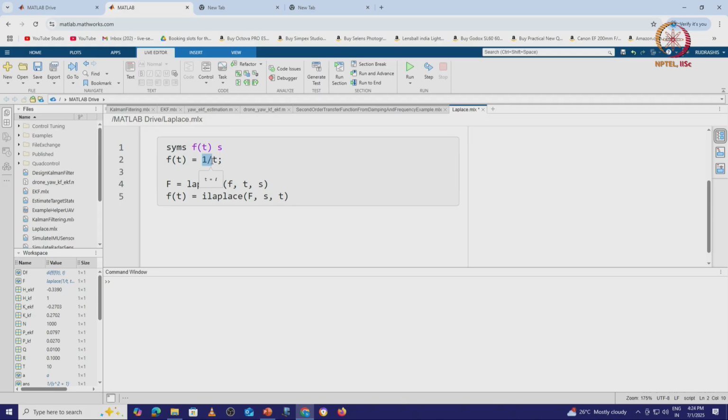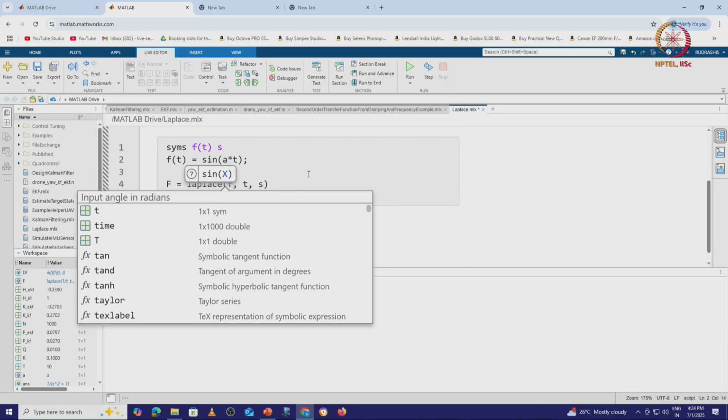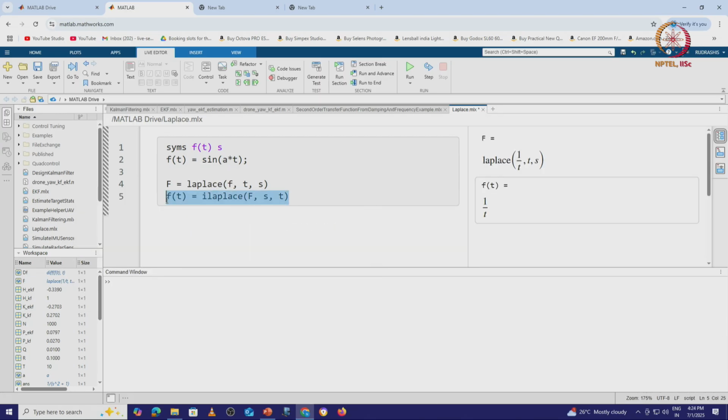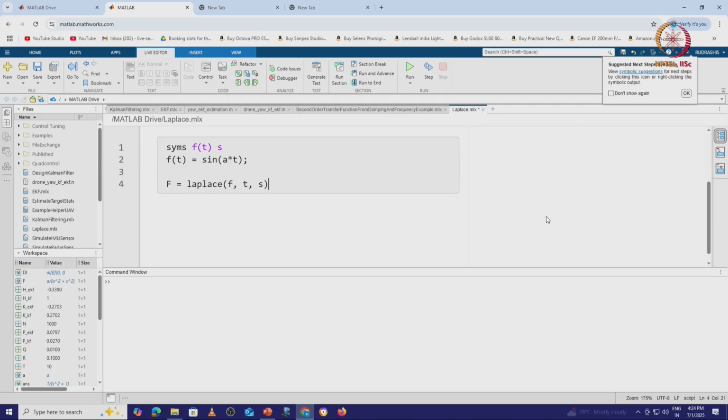Now we change the function. Say sine of a t, then what is going to be the Laplace transform? Let's see. It should be a by s square plus a square.